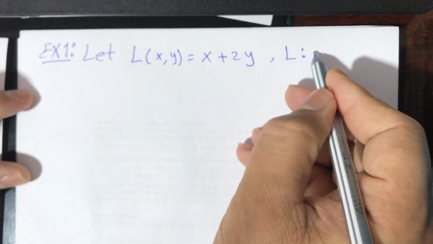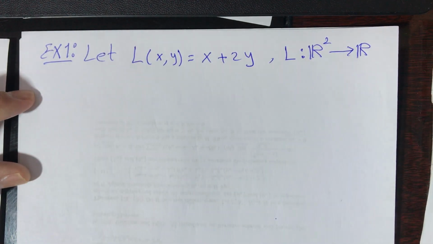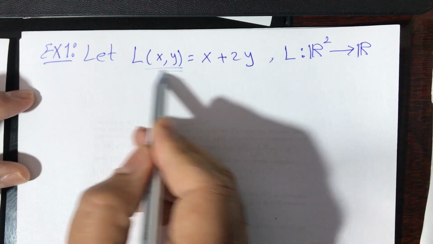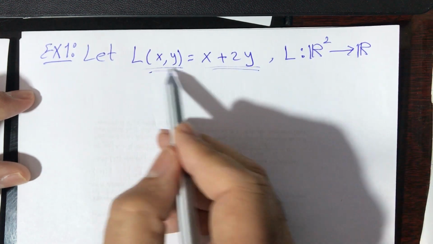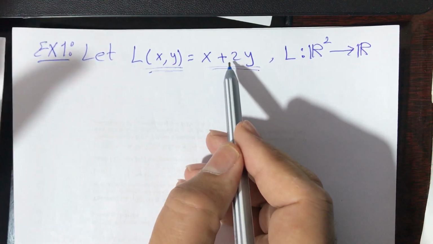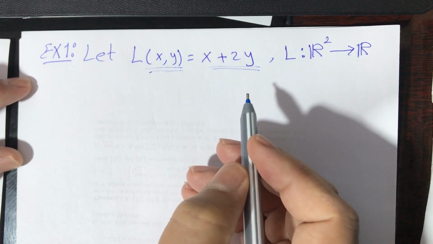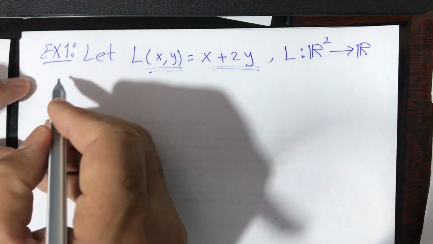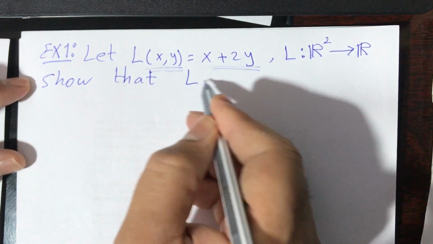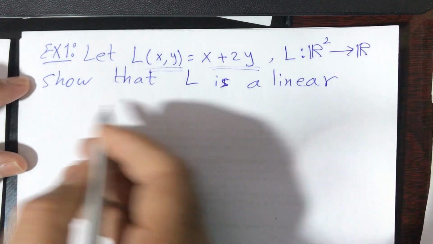The L is defined from R2 into R, because this is the input, R2, and this is the output. The input is in R2, two elements, a pair of elements, and the output is just one element in R. Now show that L is a linear transformation.